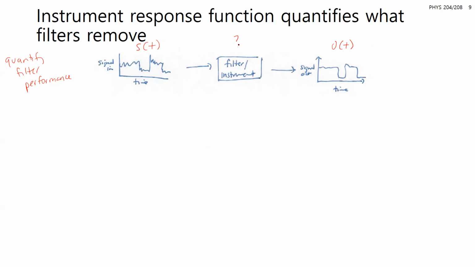So our question is, how does this filter perform quantitatively? What frequencies does it cut off? And also, most filters can't act instantaneously. There's going to be some time dependence in their response as well.